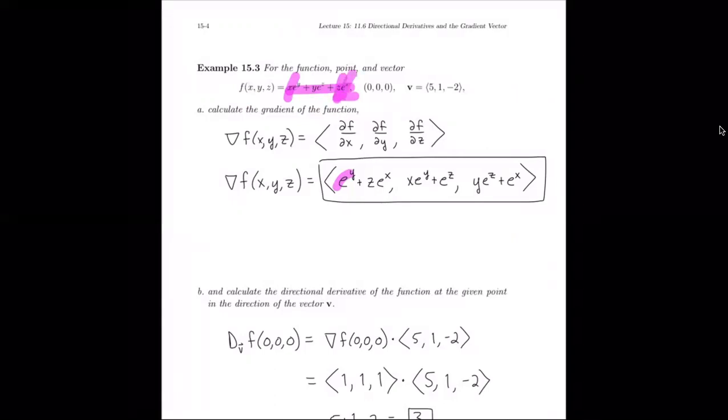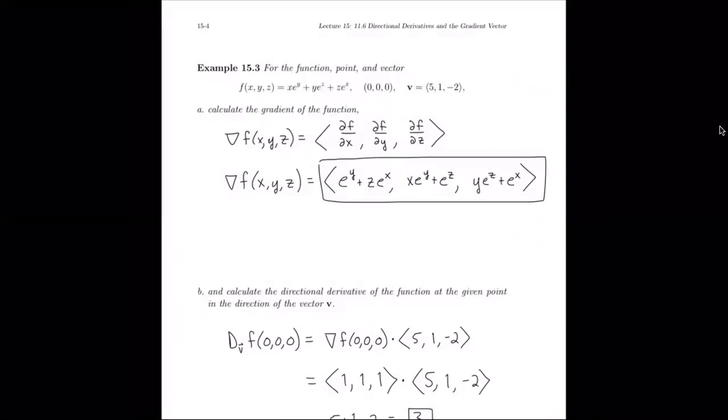E to the x's derivative is e to the x, so we have z e to the x. The middle one has no function of z in it, or x in it, so in terms of partial derivatives, its derivative is 0. It's a constant function with regard to the partial x. So it falls out. Similarly, for the other two components, we get similar looking results, and this is our gradient vector boxed up here on the right.